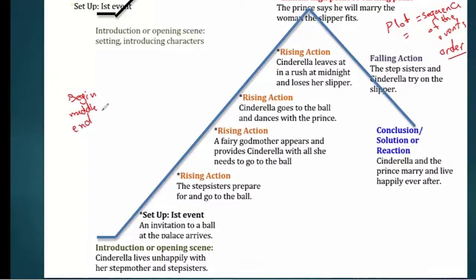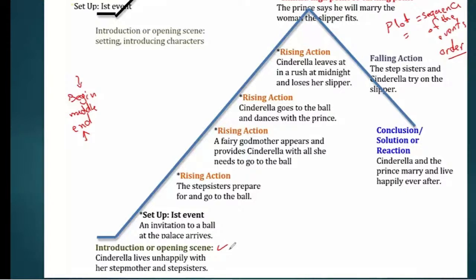Okay? This structure from beginning to end is named the plot of the story. And when you write a story, you should follow this five-stage plot structure. Number one is the introduction of the story, the opening scene. Look at this structure.